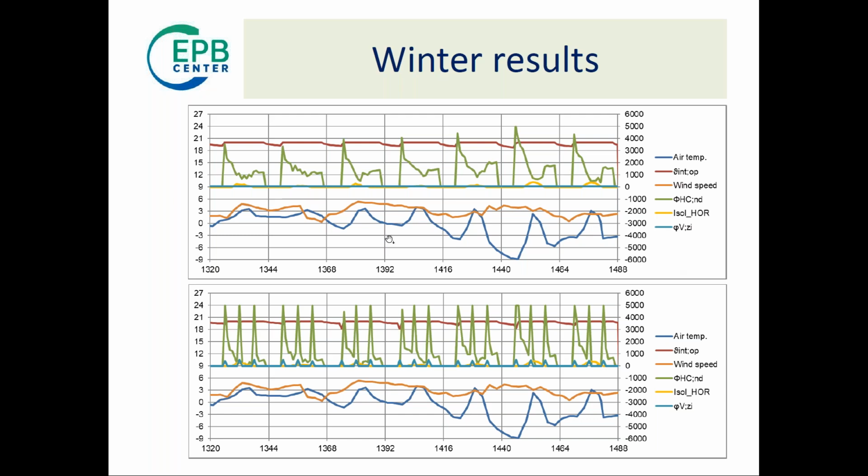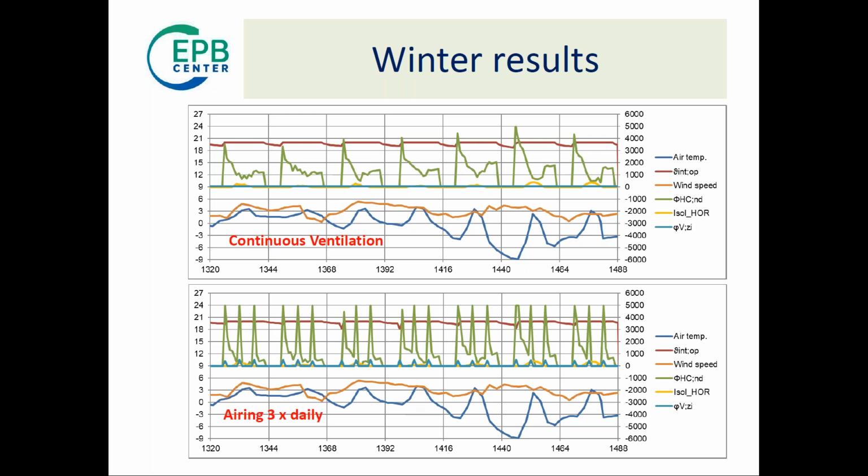And the upper graph shows a continuous ventilation, not the one that I just showed before on the slide, but continuous ventilation, and the flow rate, which is this bright blue line here. Because of this scale, we can hardly see any change of that. It's around 50-60 cubic meters per hour continuously.